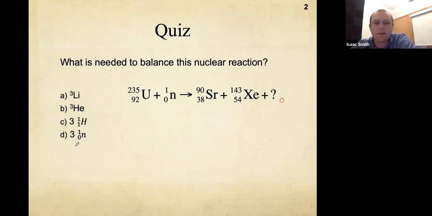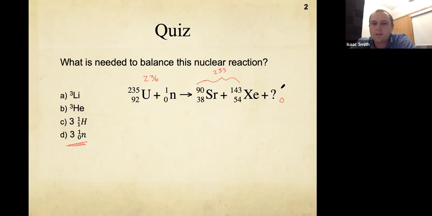So right away we could choose D, I guess. Well, let's keep going with this. If we balance the mass units, we have 235 plus 1, we have 236 on the left side, okay? And then 90 plus 143, these two together, what is that, 233, right?